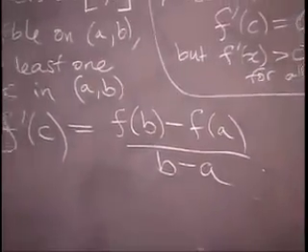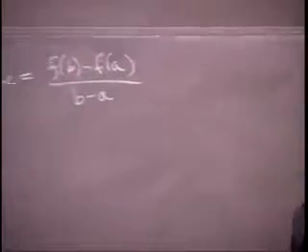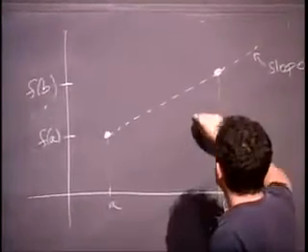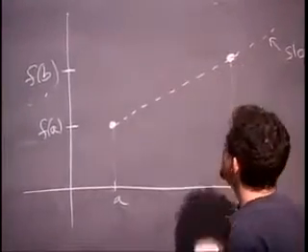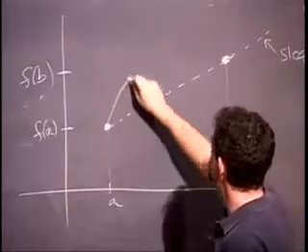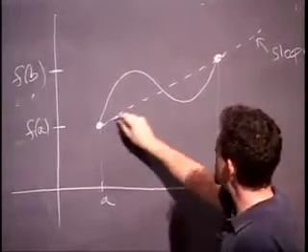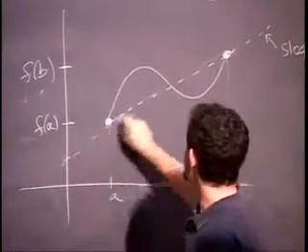Okay. So back to the picture. So what does the theorem say? It says no matter how you connect those dots, as long as you join them by a curve that's continuous and smooth, there's at least one point where the slope is equal to this slope. And of course, if two lines have the same slope, then they are parallel.